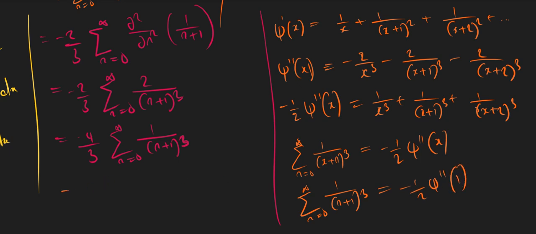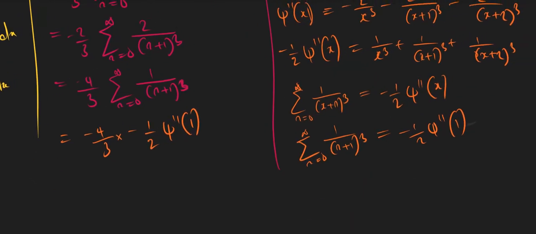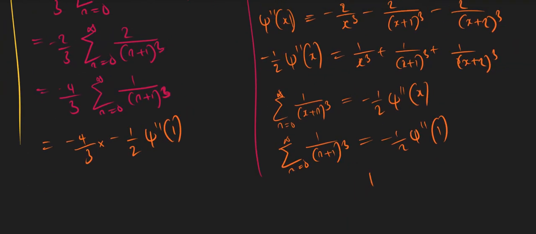In this case, this is equal to negative 4 third times negative 1 over 2 psi double prime of 1. So now notice that also psi double prime of 1 is negative 2 zeta of 3.